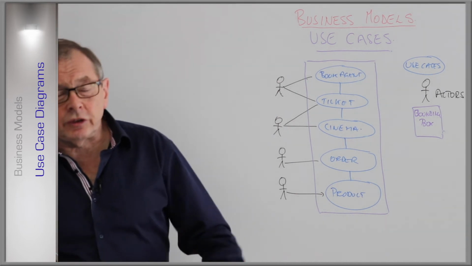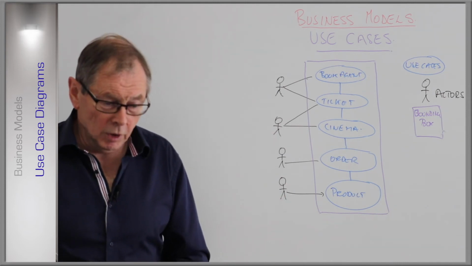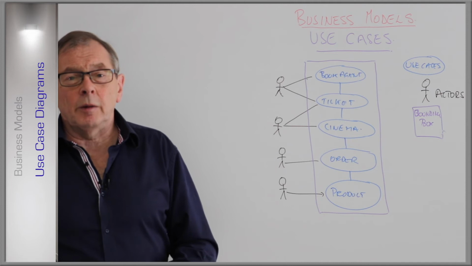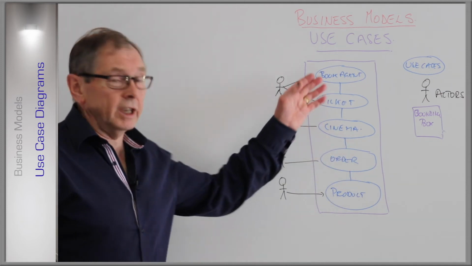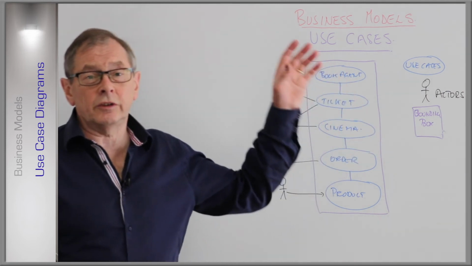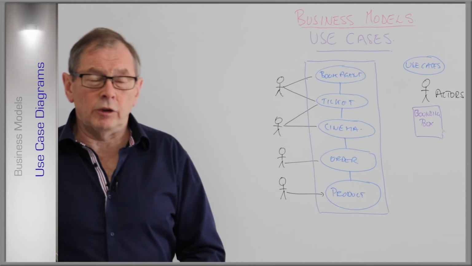Obviously, choosing the cinema, a whole pile of other things might be some other subroutines, if you like. Or booking a place on a training course, for example. There'll be people involved in taking the booking, people allocating the seats, arranging the course, sending out the material, and therefore getting the trainer on board and stuff like this.